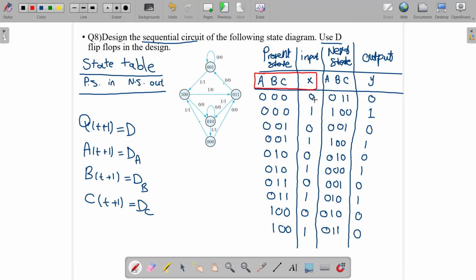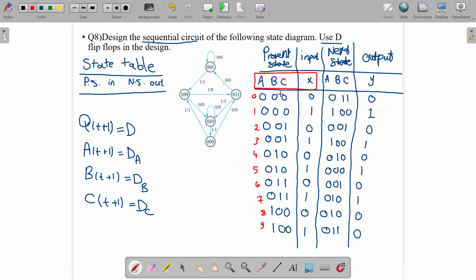This is 0 0 0 0, 0 0 0 1. It means that this is 0, this is 1, 2, 3, 4, 5, 6, 7, 8, 9.